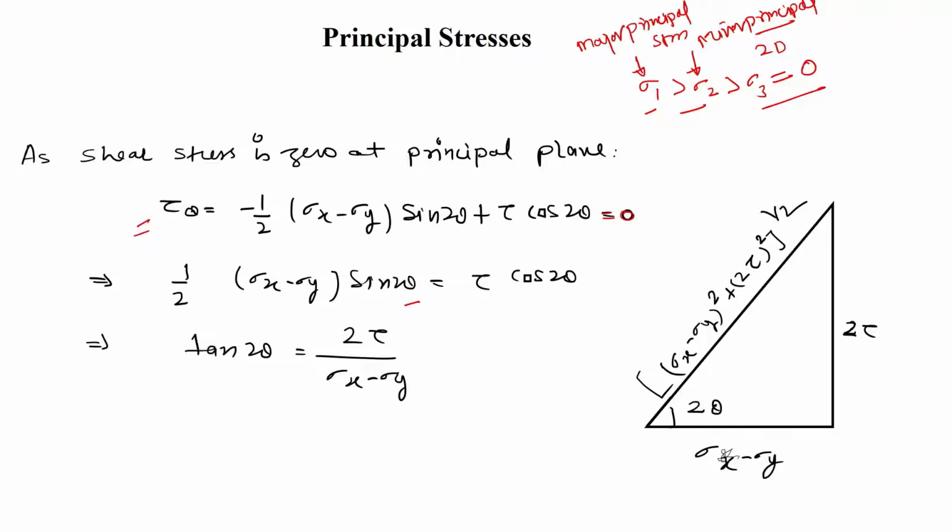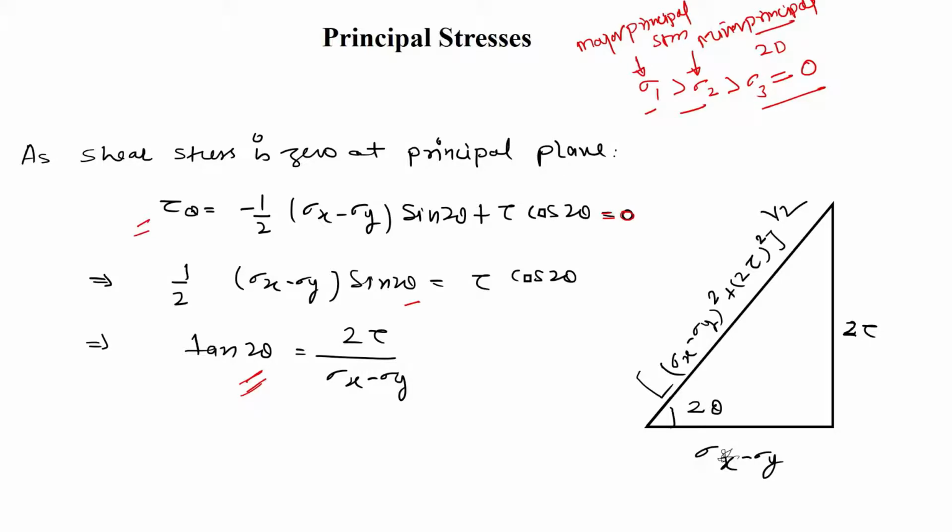Simplifying further, we get tan 2 theta is equal to 2 tau over sigma x minus sigma y. So, this 2 theta gives us the location of the principal plane. The planes inclined at these values of theta will have 0 shear stress.